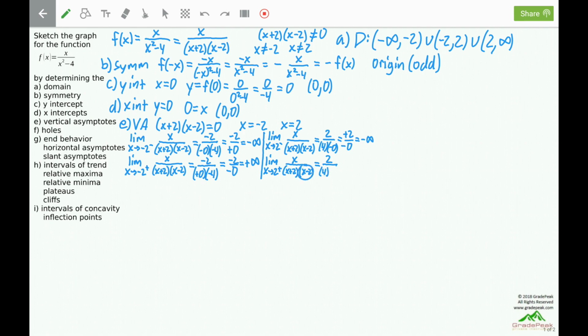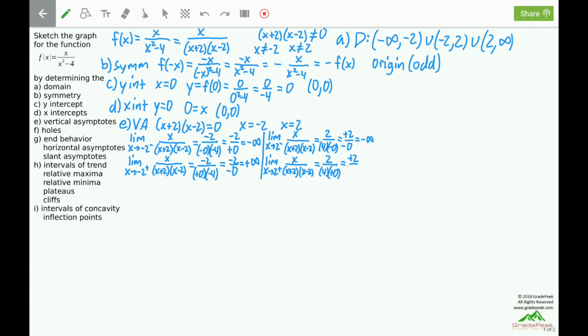For the second factor, 2 minus 2 will be a 0. But we're approaching 2 from the right side here, so we're more positive than 2. Subtracting 2 from that will be a positive number, yet it's approaching 0, so it'll be a +0. In the numerator, we have a +2.